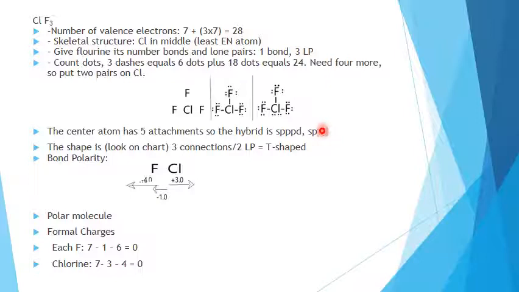So this will have an sp3d hybrid, the chlorine would. Now, if you look at the shape that corresponds to that, it is a T shape. It has 5 attachments. 3 of them are bonds, and 2 of them are lone pairs.